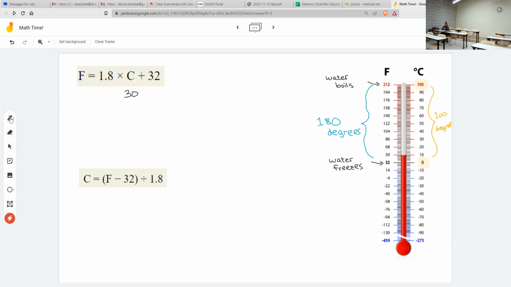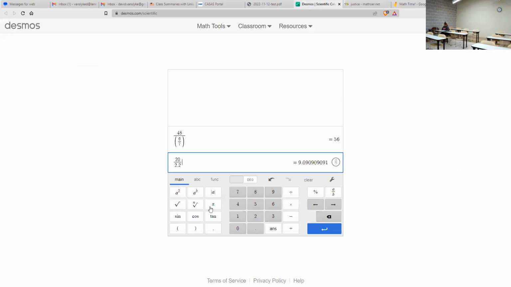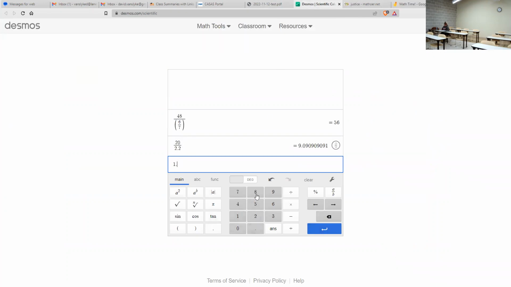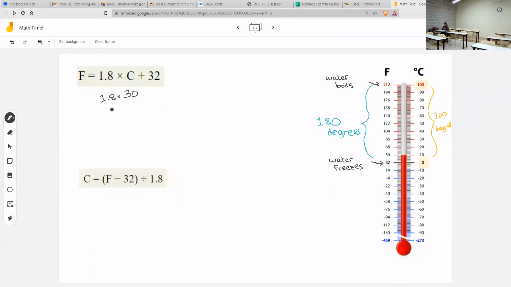So I'm going to say the 1.8 times 30, whatever that is, 1.8 times 30 is 54. And then when I'm done with that, I will add my 32. So in Fahrenheit, that same 30 degrees is 86. So they weren't rounding.